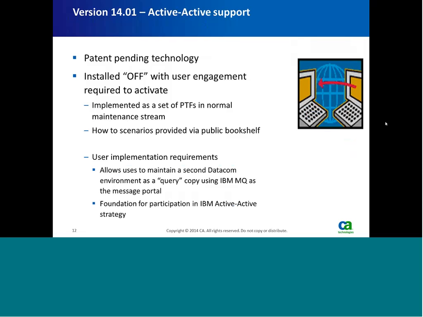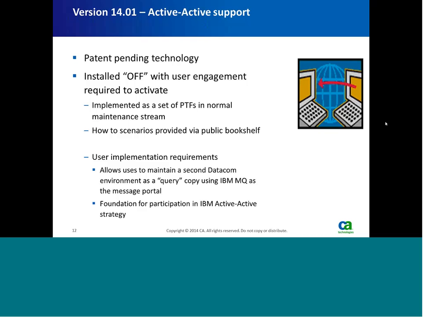We also delivered as part of 1401 our first delivery of what is called active-active. IBM's active-active facility is the capability of two database environments to work in concert even though they are not logically or physically connected. Typically they're across long distances.